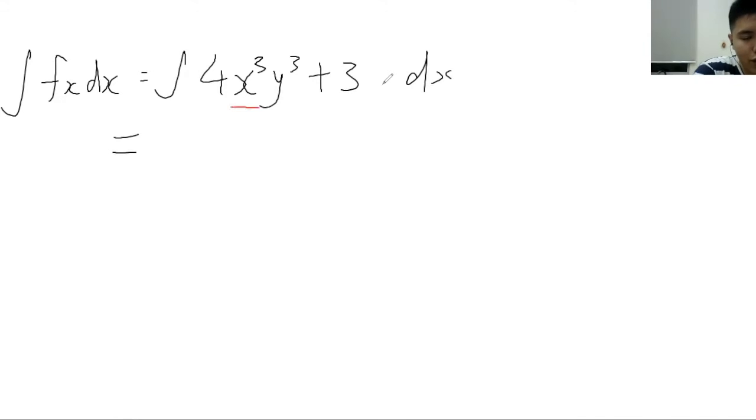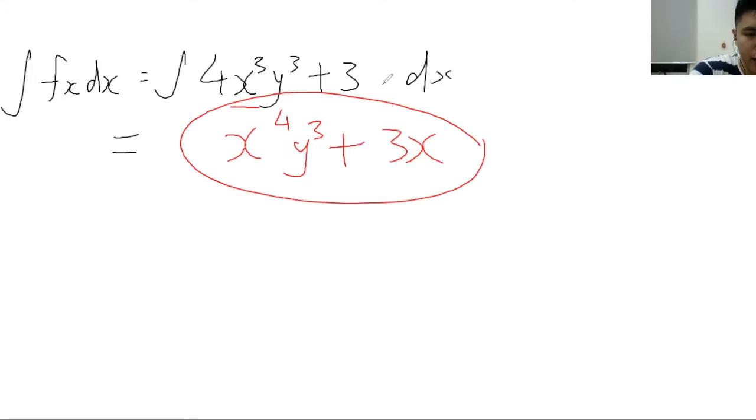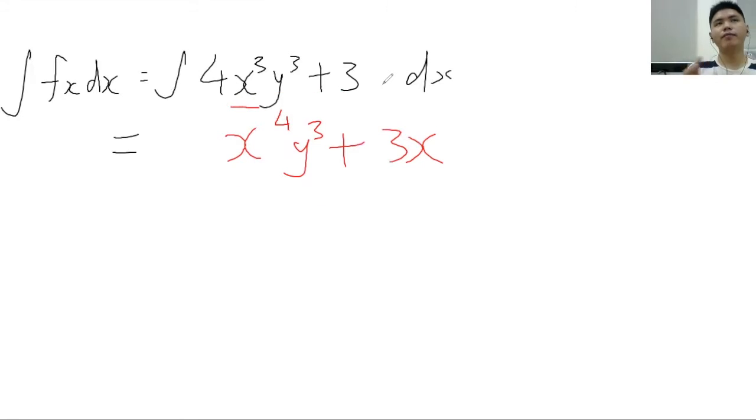So x cubed, 3 plus 1 is 4, divided by 4. So the 4 and 4 cancel, no more 4 here. Then y cubed plus 3x. Since if we differentiate with respect to x, we should have a function in terms of y, but it doesn't have x.